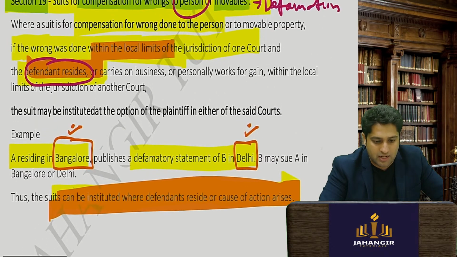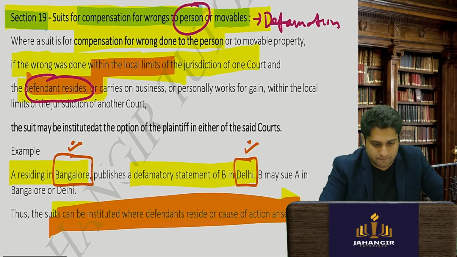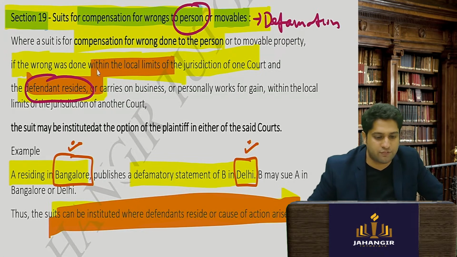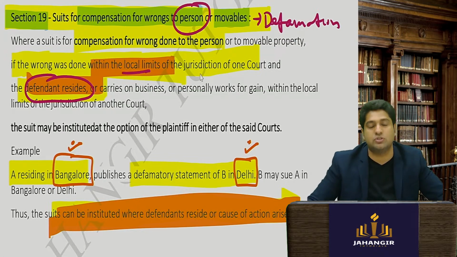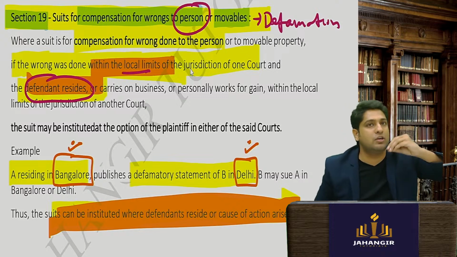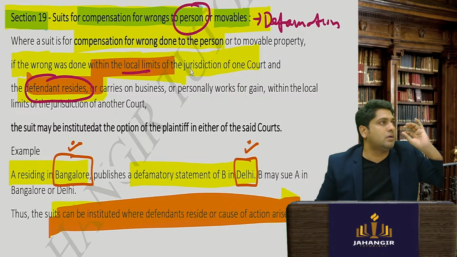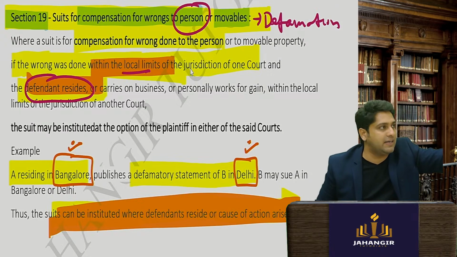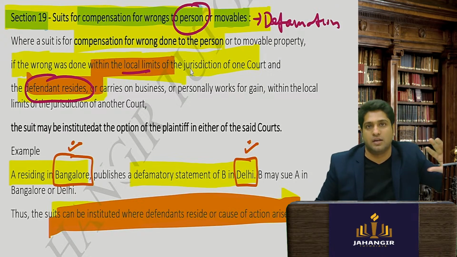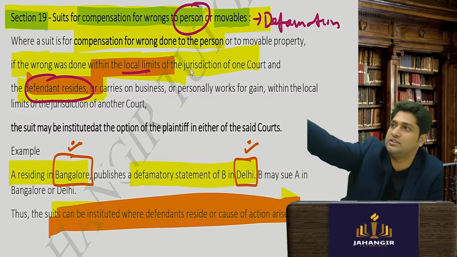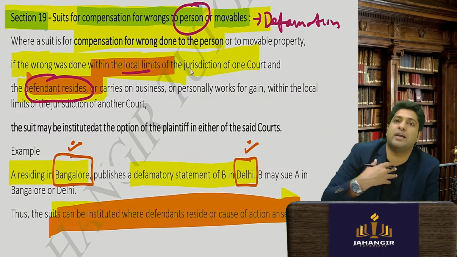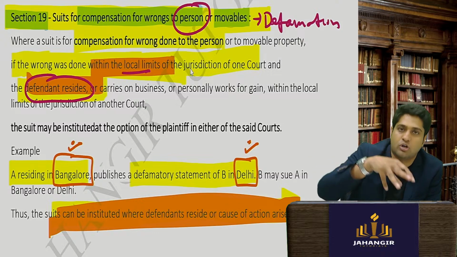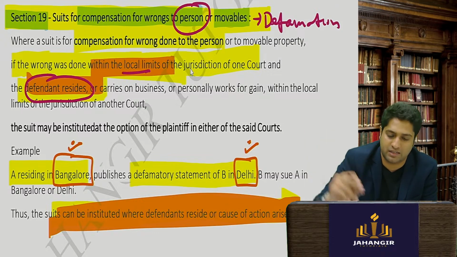If the wrong was done within the local limits of one court, say I had given an interview, a live broadcast was being done in Mumbai, and the defendant is in Chennai, then you get an option: either where the cause of action arose or where the defendant resides.